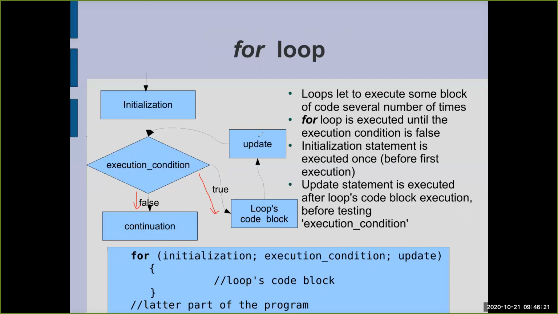And then the program returns to the execution condition. So it goes, let's say, up. So if I have code with a loop, I perform a particular code block, I check the condition again, and I can perform the same code block again.